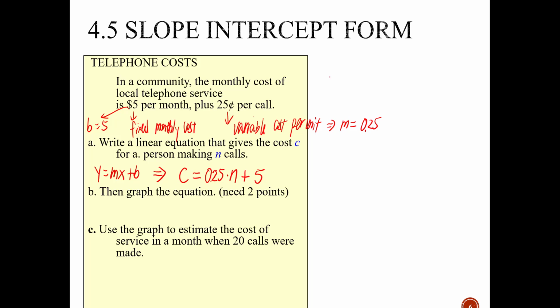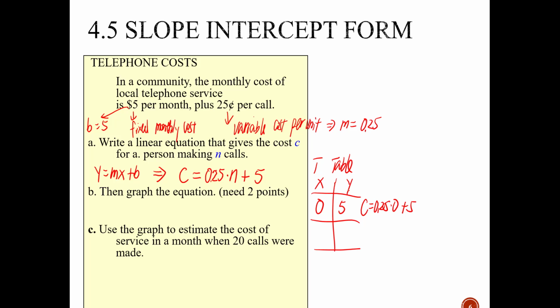Then we're going to graph it using 2 points. There are a couple of different ways of doing this. You can create a t-table, right? So this is what we call a t-table. When n equals 0, that is 0 phone calls, the cost is equal to 0.25 times 0, adding 5. That will be $5 cost.